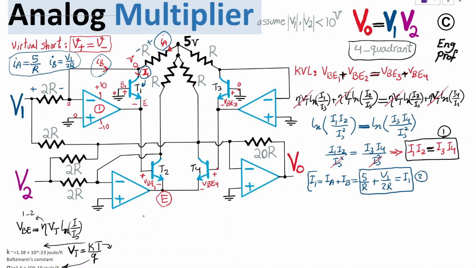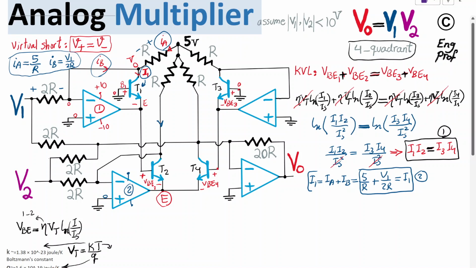I can repeat this for the other transistors. For T2, you can see that there is a current coming down here. By the same argument as before, if op-amp 2 is properly biased to plus minus 10 volt supply, it is in the linear region, the virtual short is valid, and the positive terminal is 0 volt connected to ground.